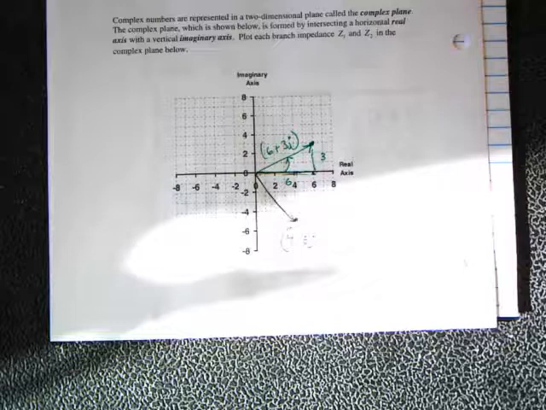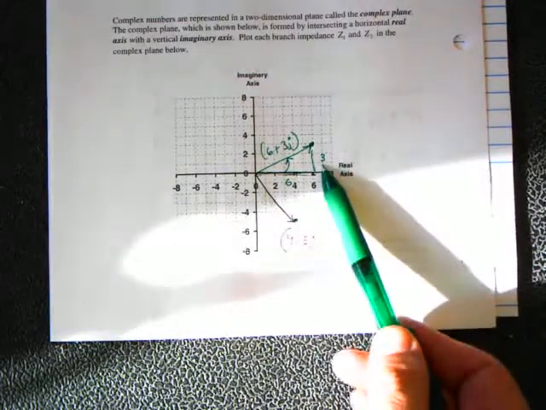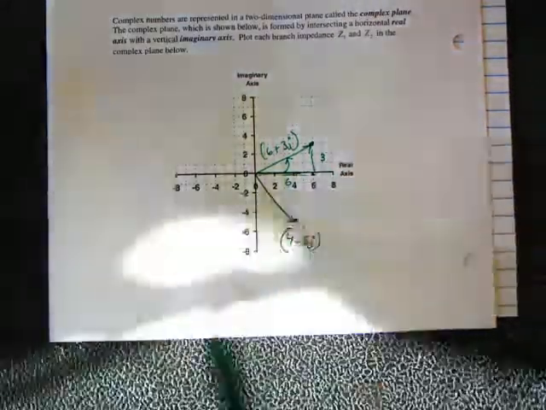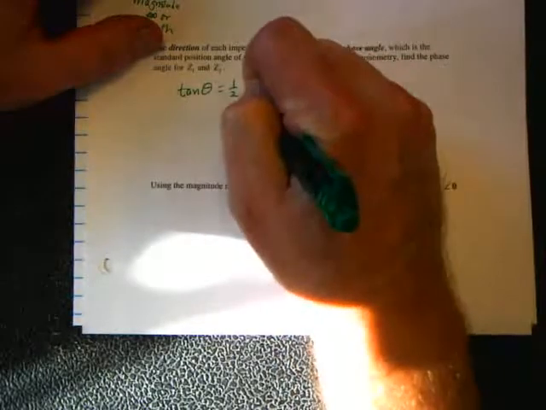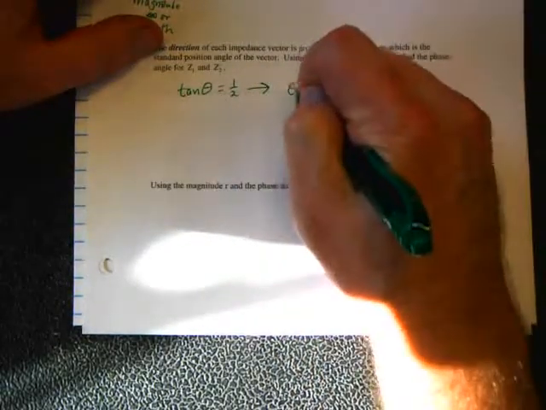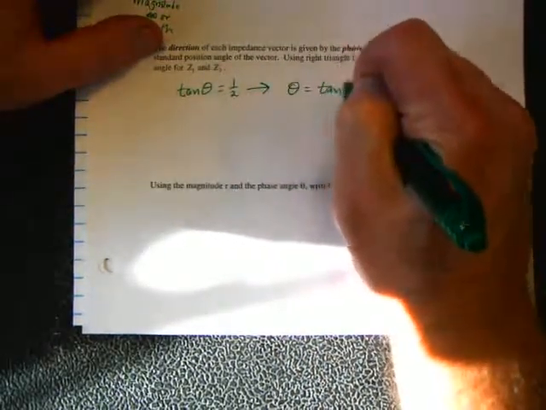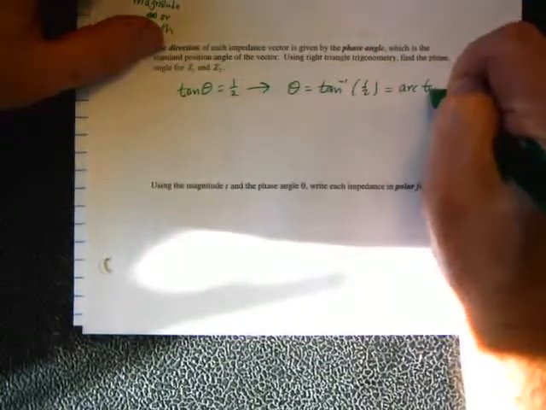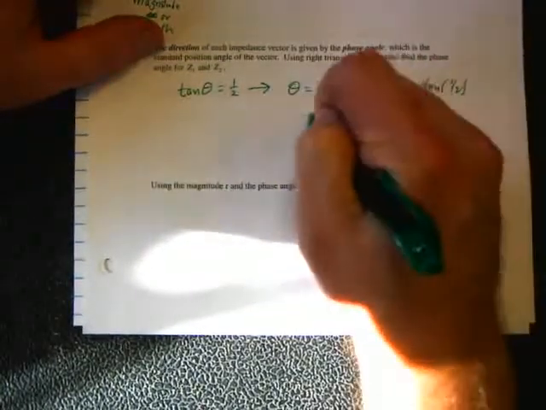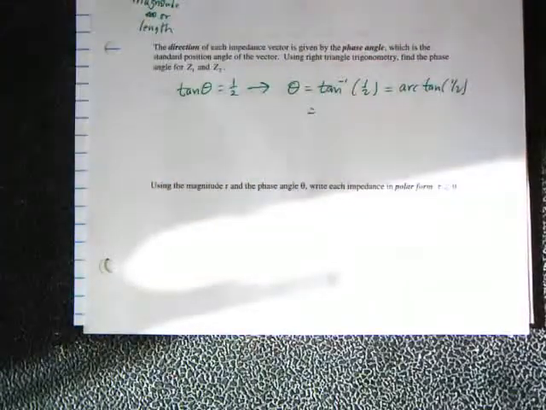How can I use right triangle trigonometry to find that angle? Tangent would be the easiest one because I know the opposite and I know the adjacent. So tangent theta equals 1/2, or theta is tangent inverse of 1/2, or maybe you call it arctangent of a half.